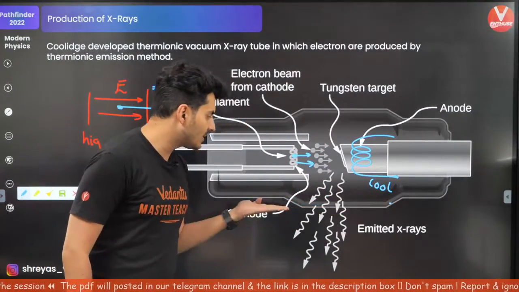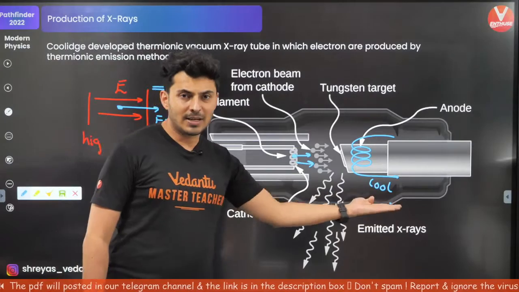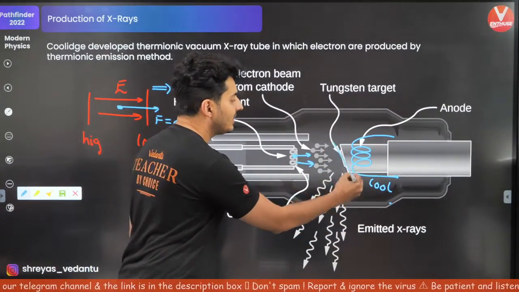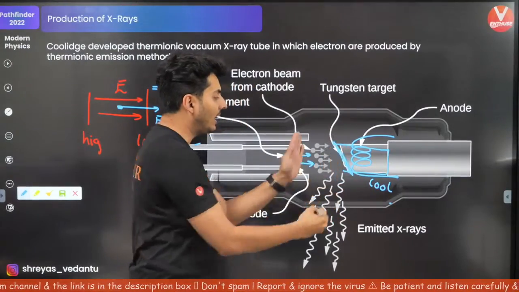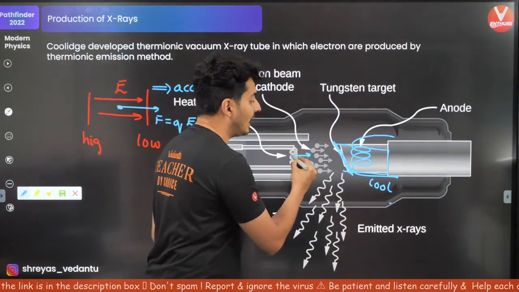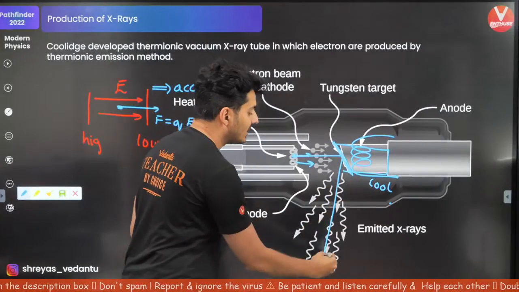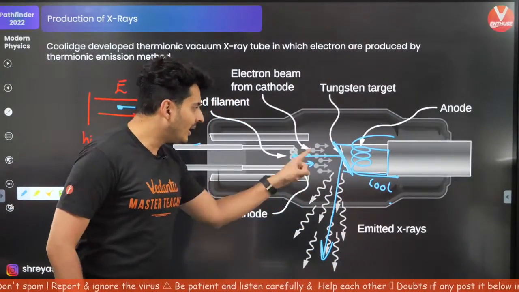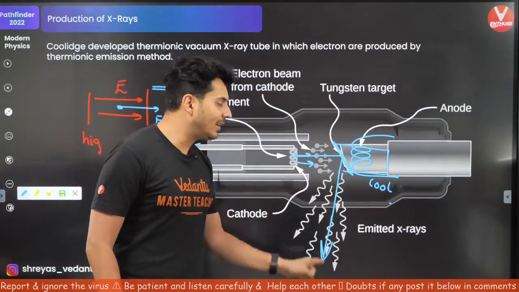So there is a transparent glass plate here through which the X-rays come out. You can see that the target is kept at an angle, because when the electrons hit the target, they get reflected, and it's not the exact reflection of electrons.